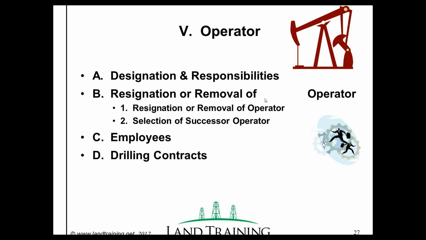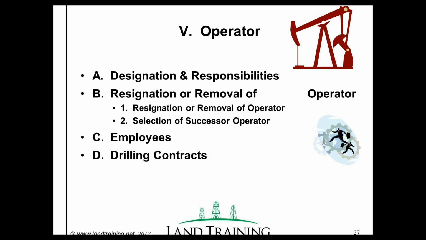Article 5B is how to remove an operator. Remember we said that in the 1977 form and the 1956 form, there was no provision for removal of operator. So this says there's a vote that occurs and it gives you the process for selecting a successor operator. It is not easy to remove an operator under the terms of the joint operating agreement, nor should it be, because that's just going to create chaos.